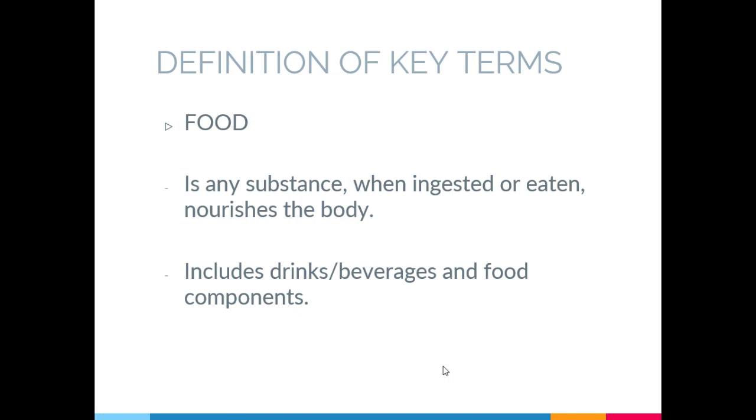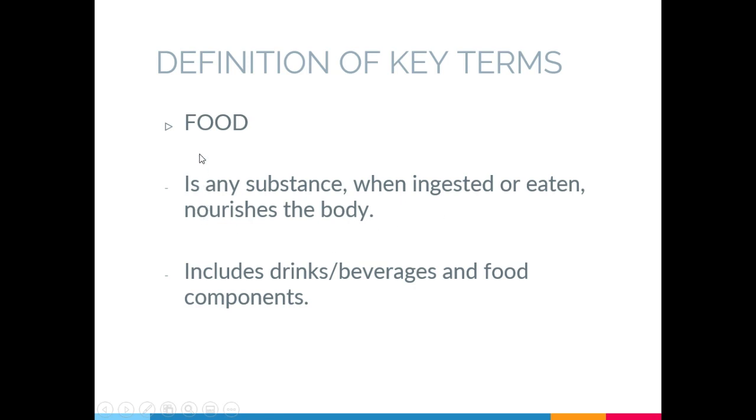So how do we define food? This is any substance which, when ingested or eaten, nourishes the body. You know this definition already. I think this is one of the things that were discussed in your basic foods one, in the introduction to food science.